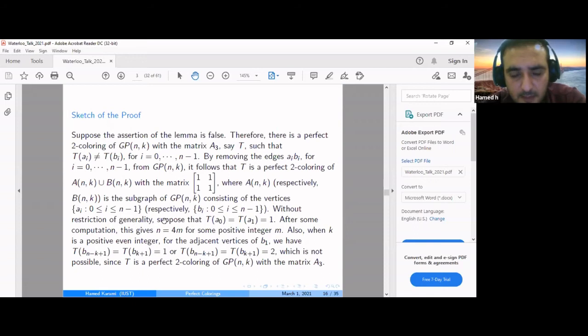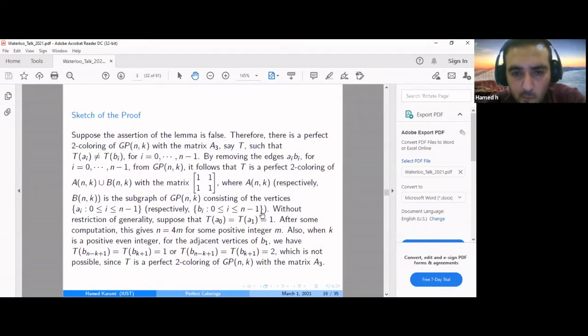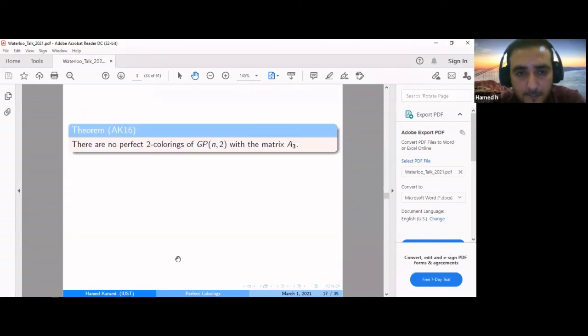So after some computation, we obtain that n is 4m for some positive integer m. After that, when k is a positive even integer, we get a contradiction. So the lemma is true.